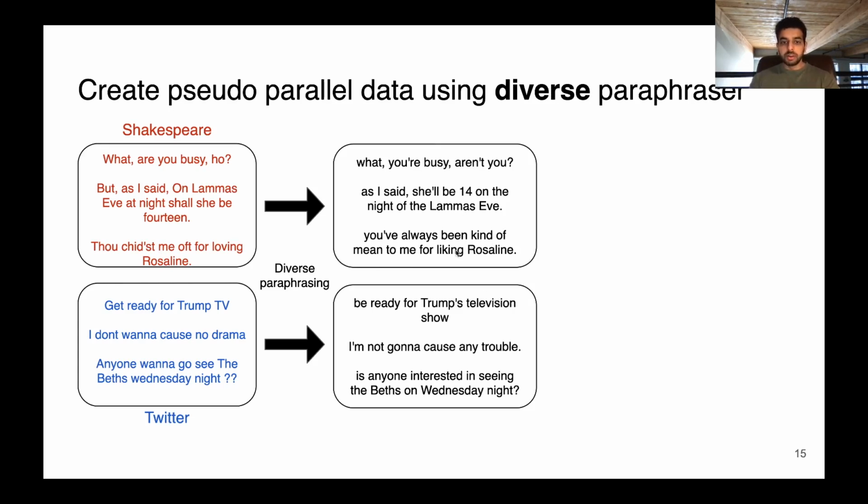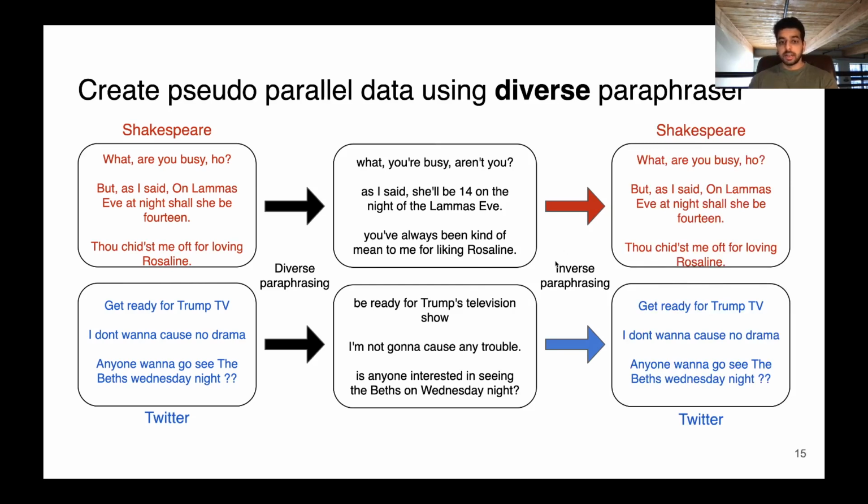And now we are going to go from this diverse paraphrase back into a Shakespearean sentence using what we call an inverse paraphraser. So we're going to train another model to go from this style normalized sentence back to the original sentence.